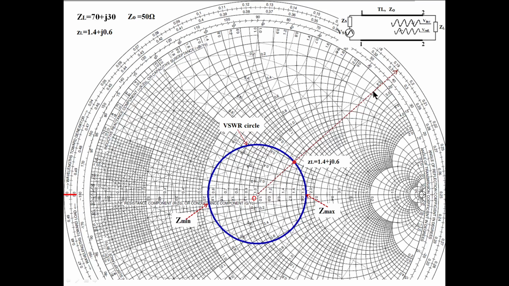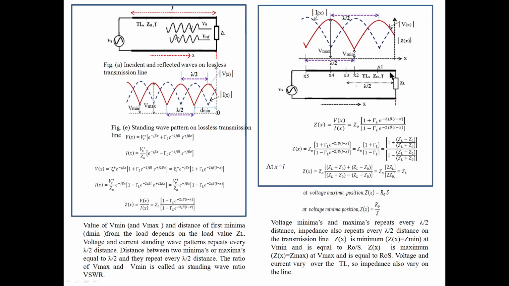So this is very important. As we move like this and complete this, we are completing a distance of lambda by 2 on a transmission line. Within that distance, from here to here, lambda by 2, we come across all possible impedance variations.